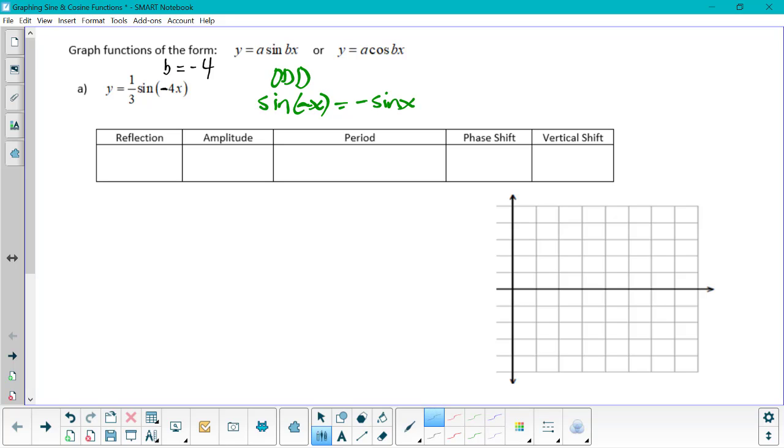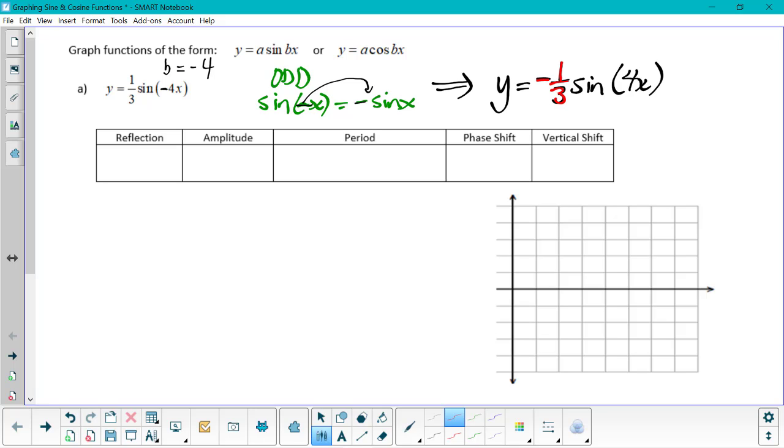So I can basically pull that negative out that's on the x and put it out front, and I have an equivalent form. So I'm going to rewrite that as y equals -1/3 sine of 4x.